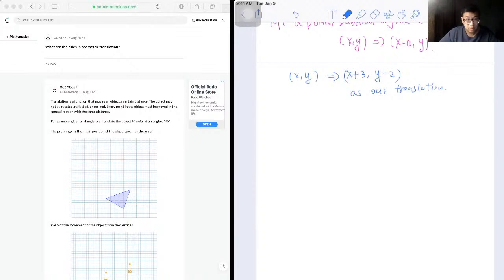And we've got 3 points. So A will be 1 0, B will be 0 0, C will be 5 1.